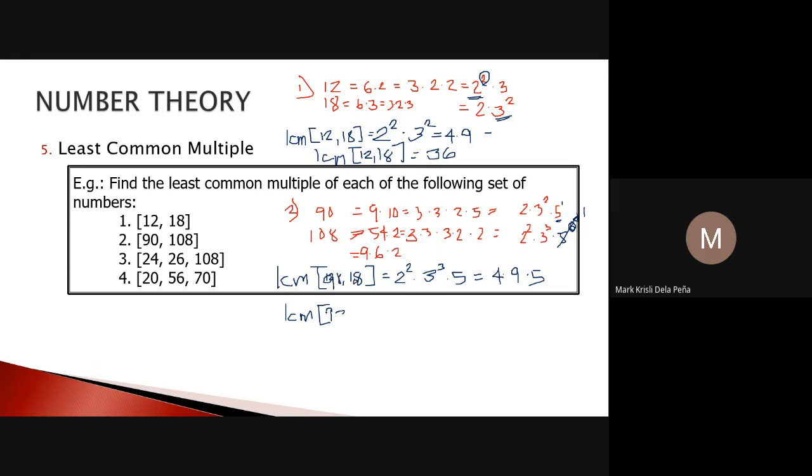Okay, no, 3 cubed is not 9. 3 cubed is 27. So 4 times 27 times 5 is equal to 540. So this will be your final answer. So these are your final answers.